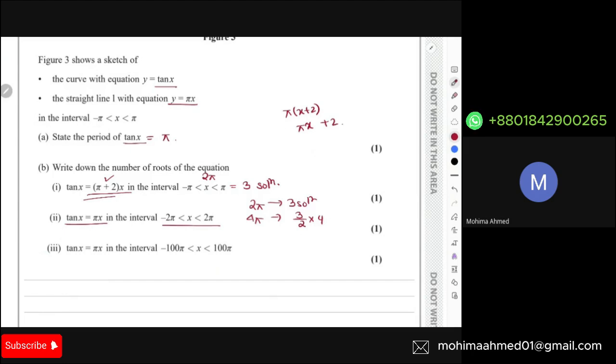Within the interval, negative 2 pi, this actually gives you 6 solutions. But the problem is one solution was exactly at negative 2 pi, and we cannot accept negative 2 pi here, right?